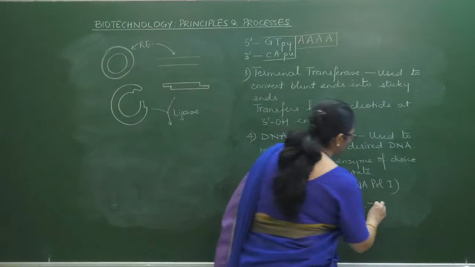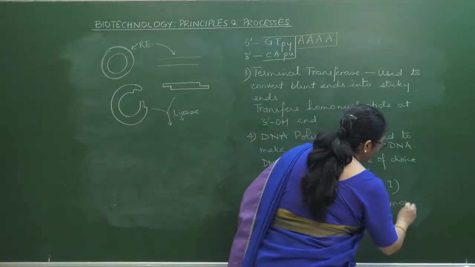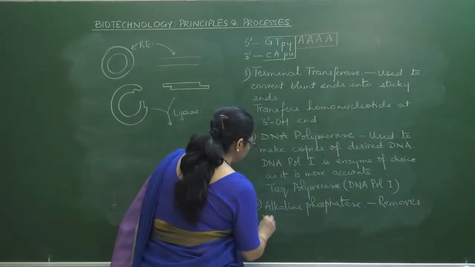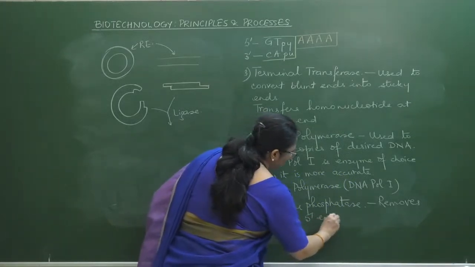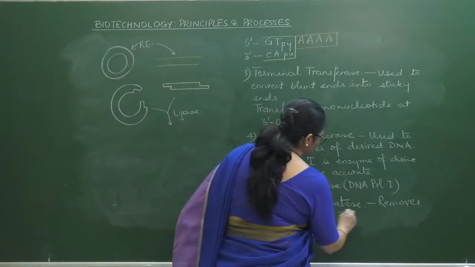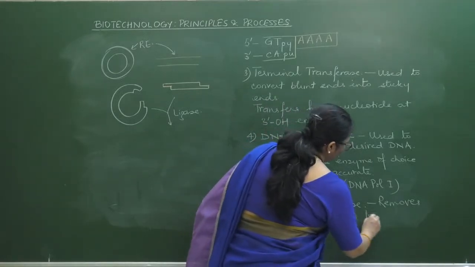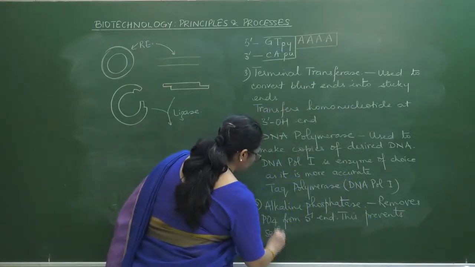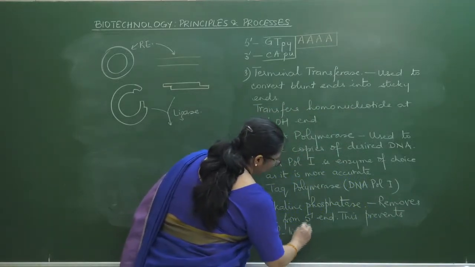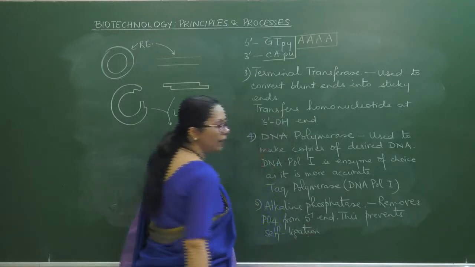Okay, so this one removes the phosphate from the 5' end, and this prevents self-ligation. Okay, that is there.